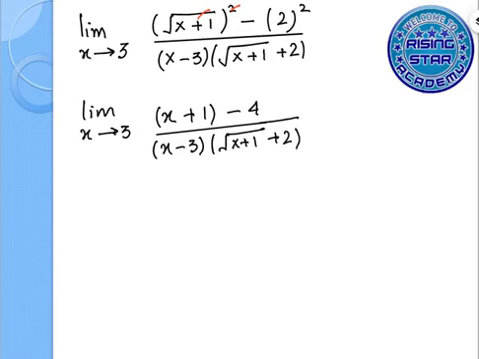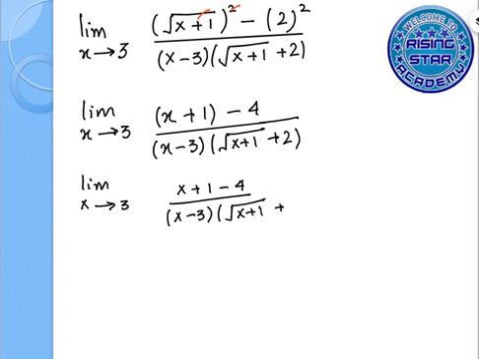In the next step, we will simplify. So x plus 1 minus 4 over x minus 3 times square root of x plus 1 plus 2.